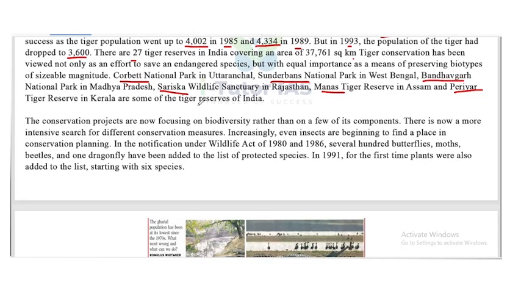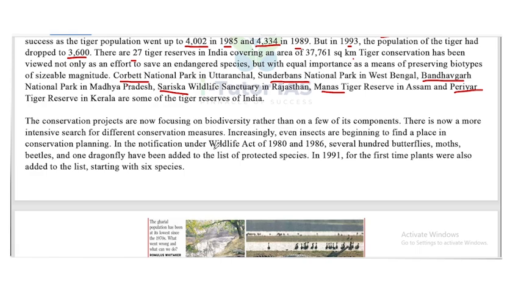Now, the conservation projects are focusing on biodiversity rather than on a few of its components. There is now more intensive research for different conservation measures. Increasingly, even insects are finding a place in conservation planning.